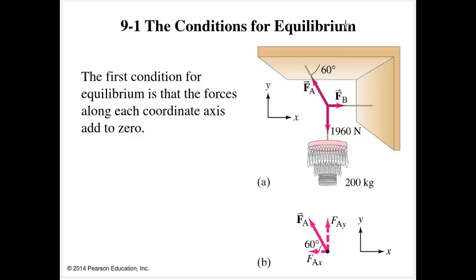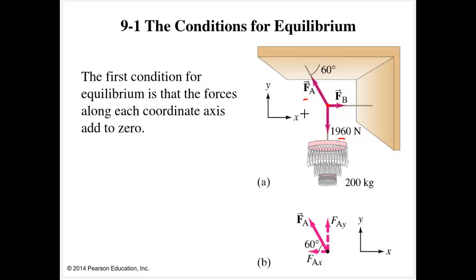So let's take a look at a chandelier that has some forces acting on it. However, it is not moving. Obviously we would draw the free body diagram for this, and we would have the weight of the chandelier going in the downwards direction. This is example 9.2.